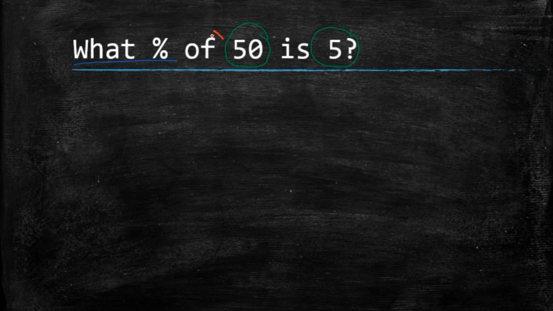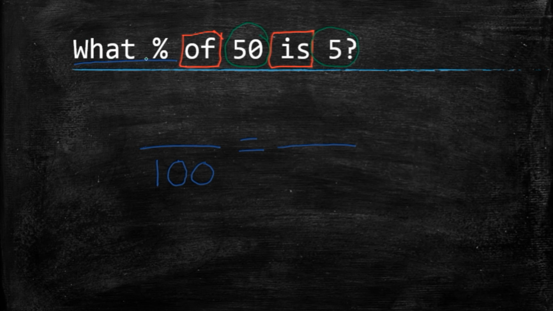And we're going to box in our "of" and "is" because that helps us. I'm going to make my fraction bars and my equal sign, and then I'm going to put 100 on the bottom left because I know that always goes there.